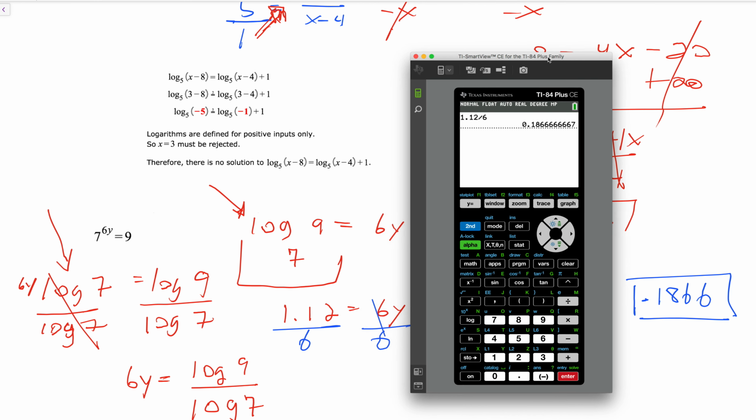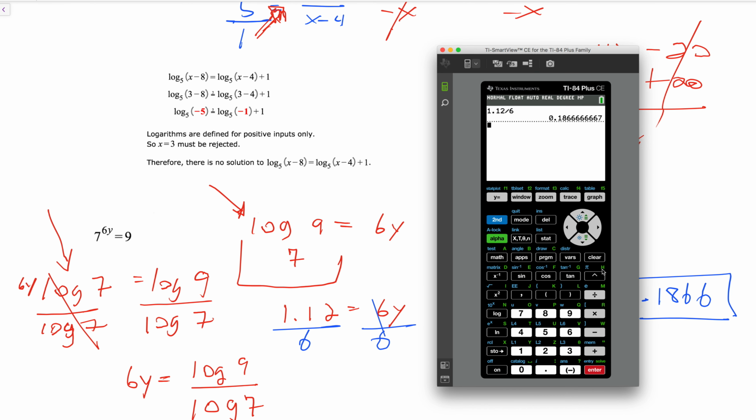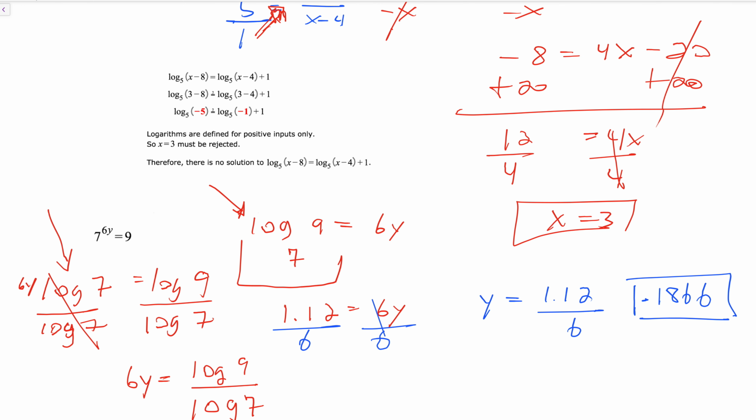You can just use this button. Log 9, enter, divided by log 7, enter, divided by 6. And there's your 0.18. So y is equal to 0.18.